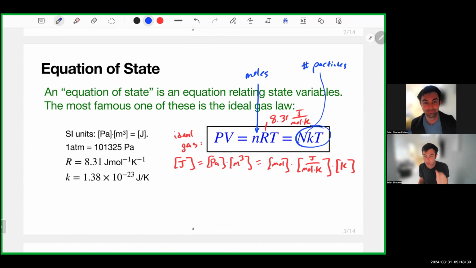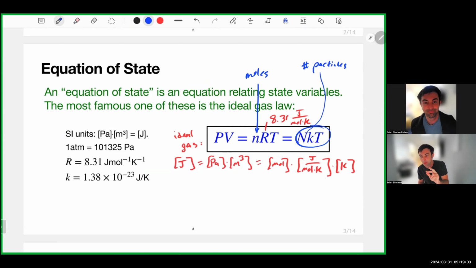this has capital N being a very, very large number of molecules in a macroscopic sample. So like 10 to the 23 molecules. And then k, which is Boltzmann's constant, is 1.38 times 10 to the minus 23 joules per Kelvin. So a really, really tiny number. And a lot of times we don't like dealing with a really, really big number times a really, really small number.